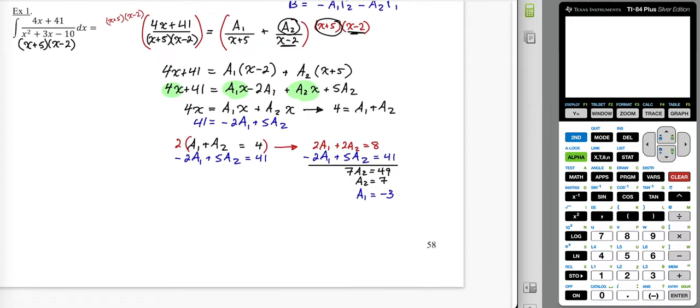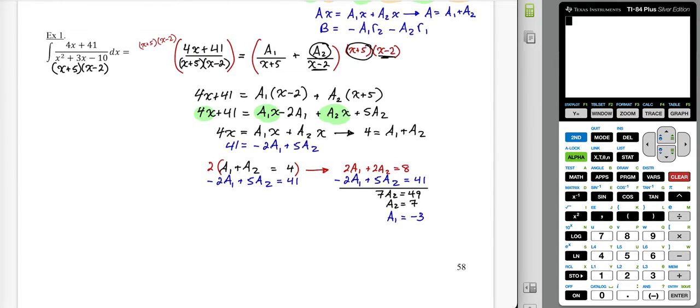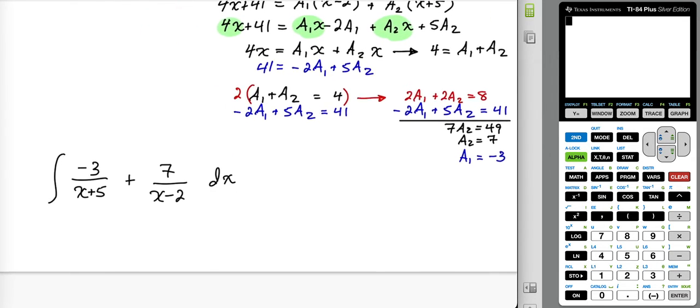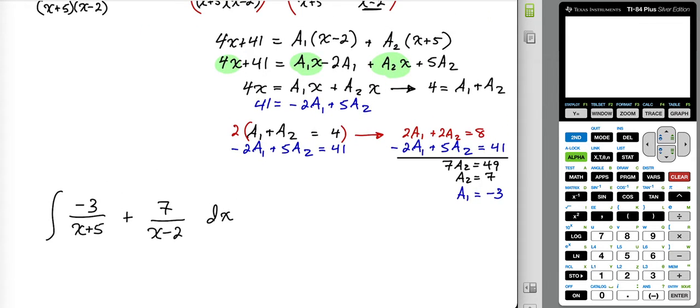So now we can start the problem. Look at that. So all of that was to get this into a form that's integrable. So instead of writing 4x plus 41 over that quadratic, I'm going to write negative 3 over x plus 5 plus 7 over x minus 2 dx. All right, so this looks like a natural log.